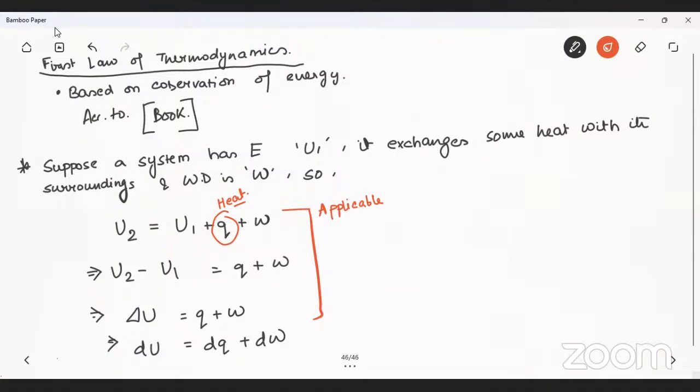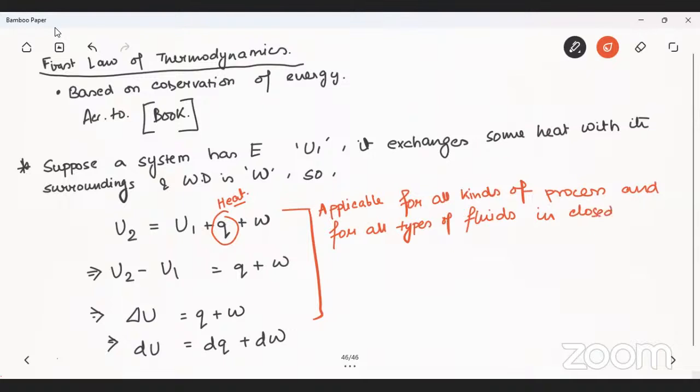Okay, so where was I? What was I saying? Applicable. Something for NEET: this is applicable for all kinds of processes and for all types of fluids in a closed system.